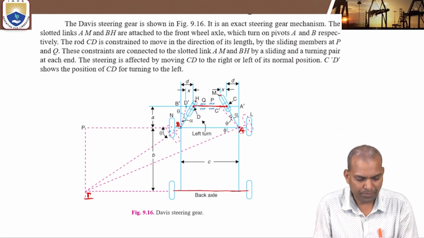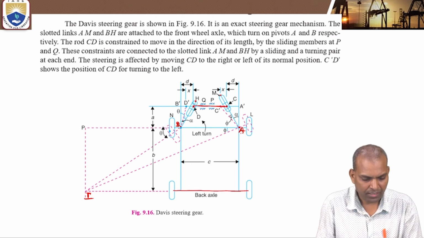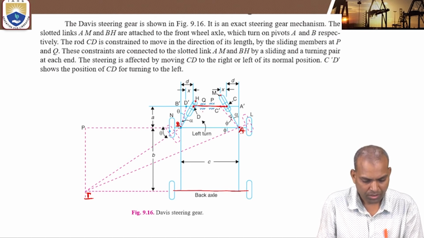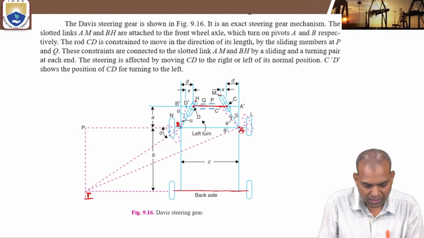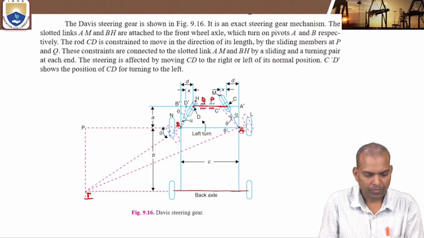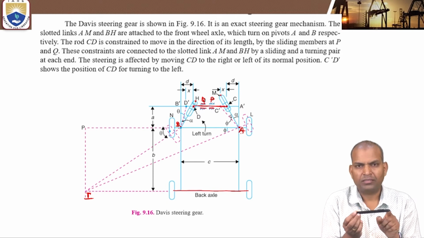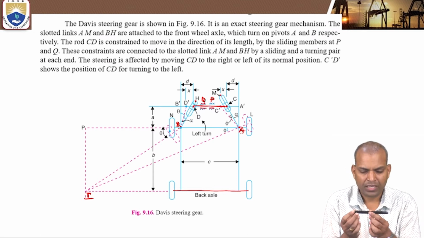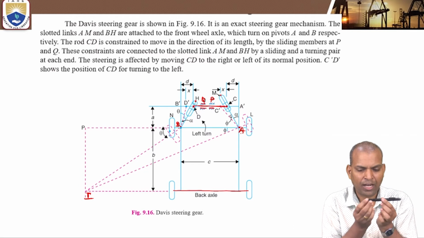It is constrained by two sliding members at P and Q. These are the sliding members, P and Q, so that it has a completely constrained motion along the length.